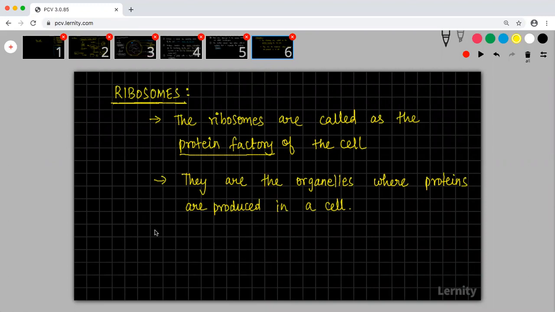They are scattered in the cell normally.